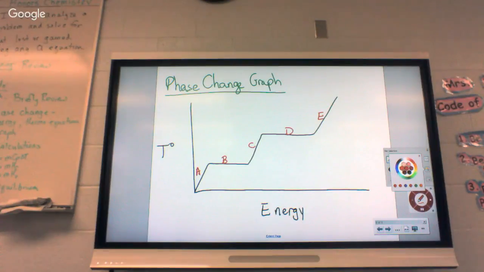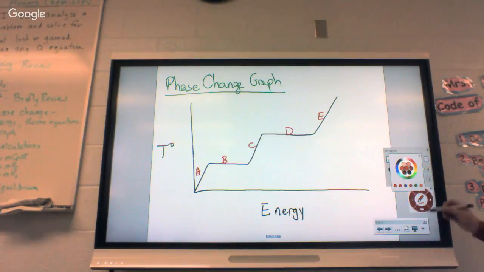Now, the nice thing about phase change graphs is they always look the same. The only question is if they're going to go up or go down. If they go down, it's the exact same thing except in reverse. They always start with the exact same point. E is still at the top, A is still at the bottom, even if it is in reverse.